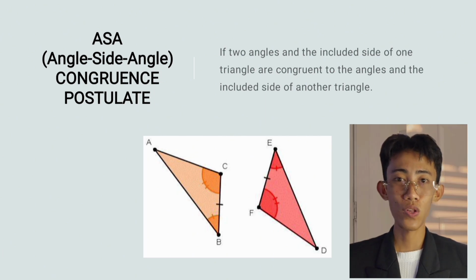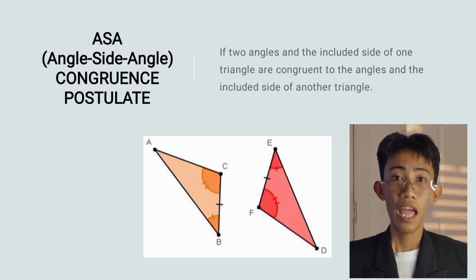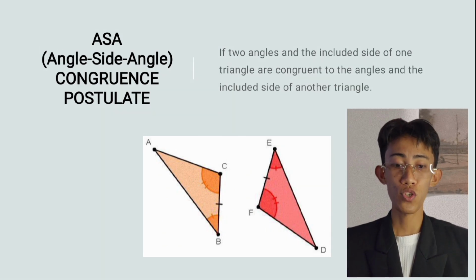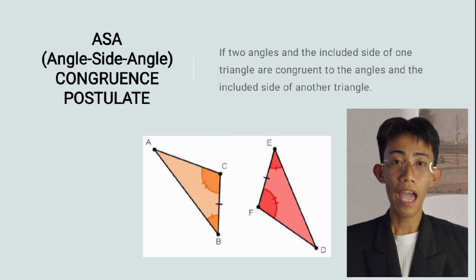The angle-side-angle congruence postulate means that if two angles and the included side of one triangle are congruent to two angles and the included side of another triangle, it is considered angle-side-angle congruence. As shown on your screen, there are two triangles, triangle ABC and triangle EFG.